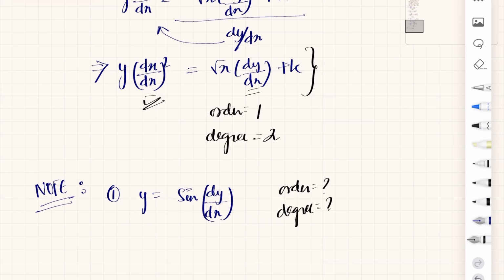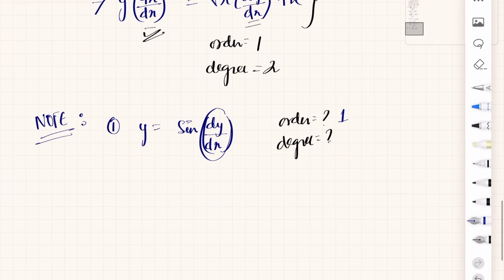Just think for a second. So the order we can say is, we have a derivative, right? The order is only 1, because it's the highest order. So we can find the order directly. But what about the degree? The degree is not defined.